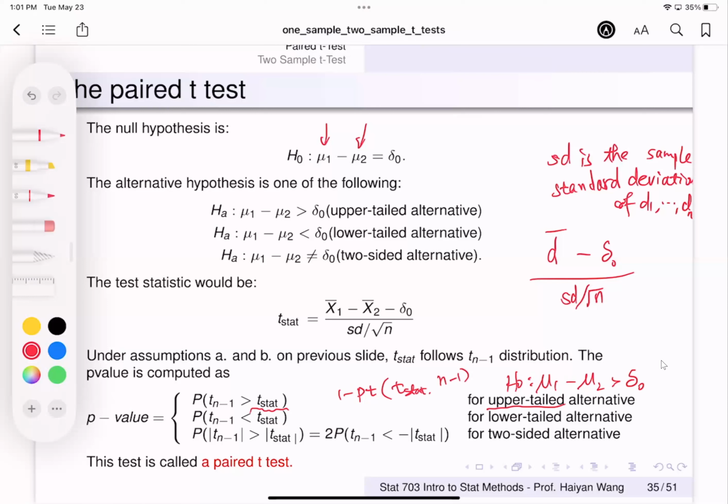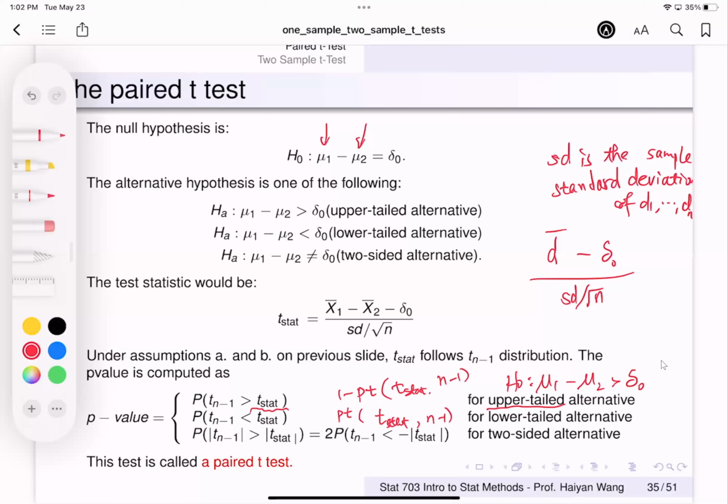For the lower tailed test, the extreme refers to the test statistic being too small, so it would be less than the observed statistic, and the p-value in R can be computed by pt, where we put in the test statistic and the corresponding degrees of freedom. So that's the lower tail test.